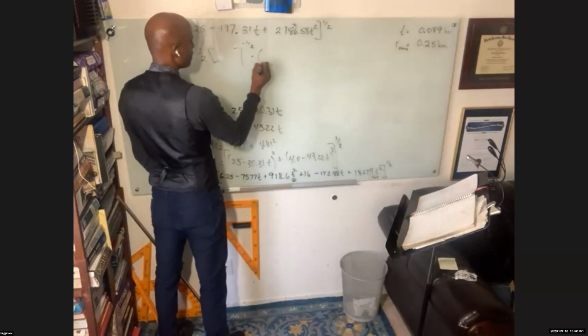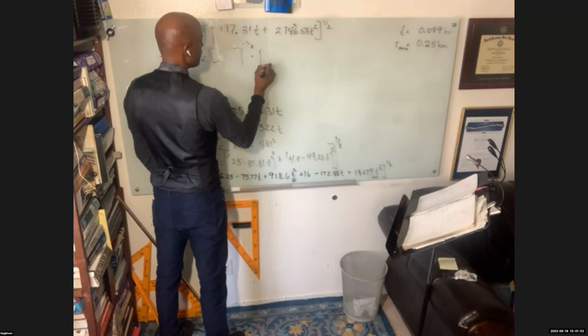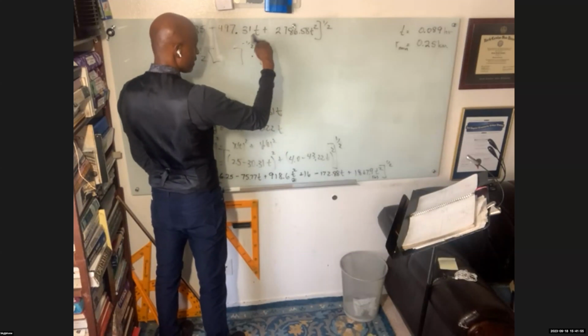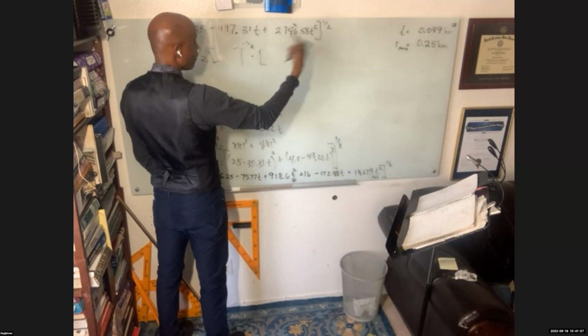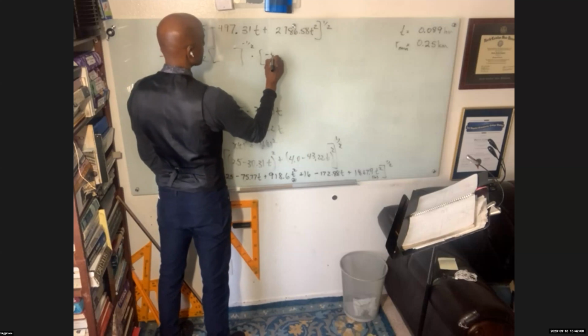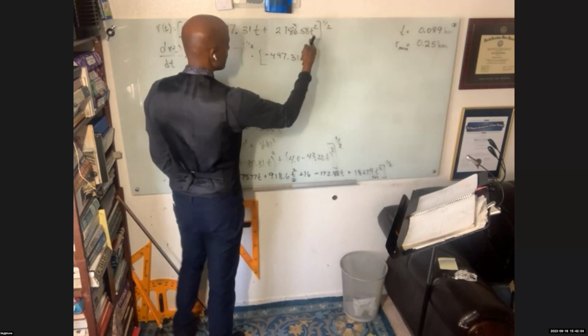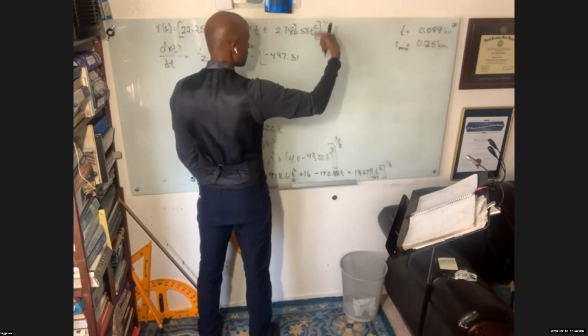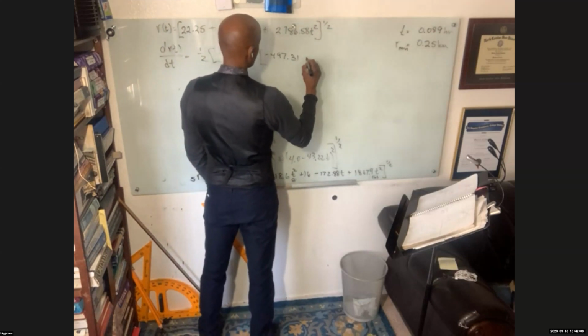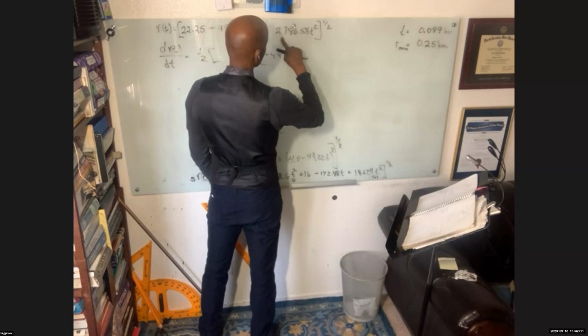This guy is 0, right? Because it's a constant. This guy, the derivative of t is 1. So that just gives me minus 497.31. And then this thing is 2 times t to the first power, so that's going to be plus 2 times that thing.